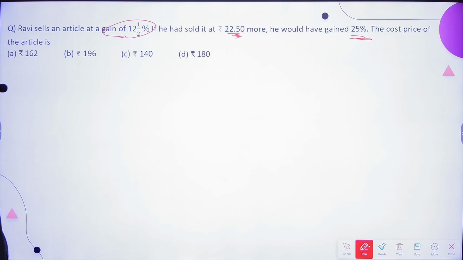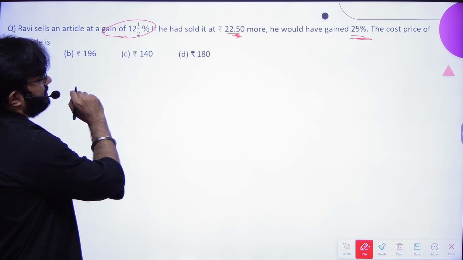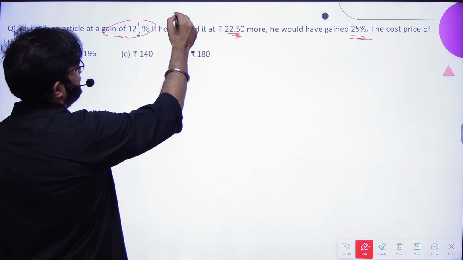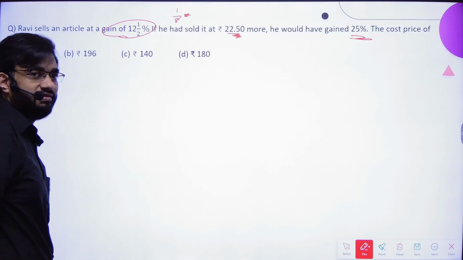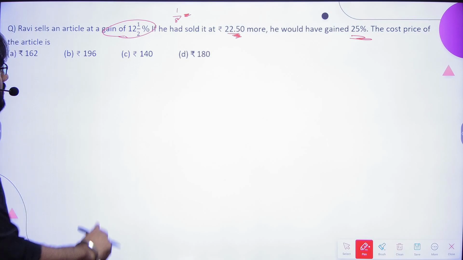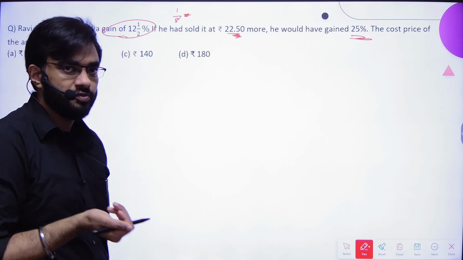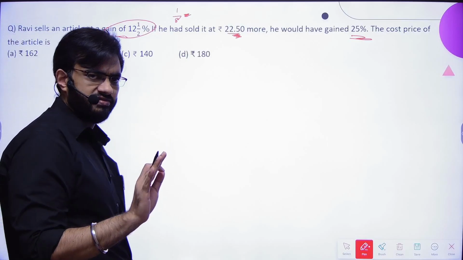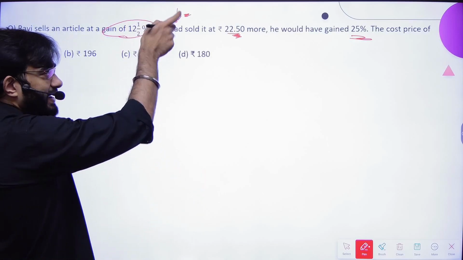Okay. So again, 12.5 translates into 1 by 8 in terms of fraction. So we can say if the cost price is X, again, the basics have to be used whenever there is no other option. So 1 by 8 plus 1.